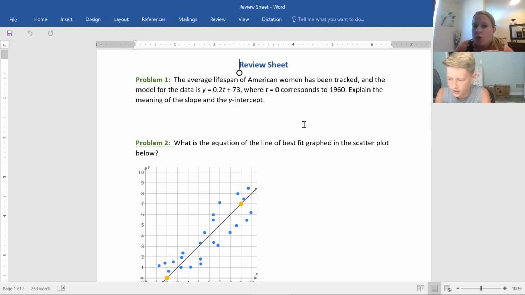Well, in terms of years, it would be how long you would expect a woman to live at the very beginning of this study, right? When did this study start? 1960. Okay, so that's what the y-intercept is. It's the life expectancy of a woman in 1960. Does that make sense? Because that's when the whole thing begins. At time 0. Yeah. Awesome. Okay, let's go on to problem 2.